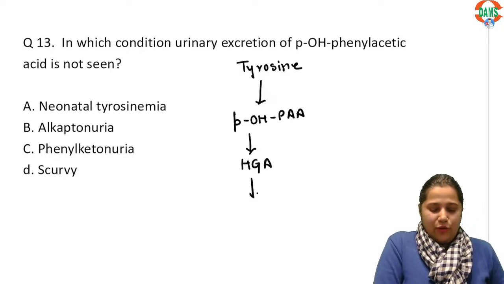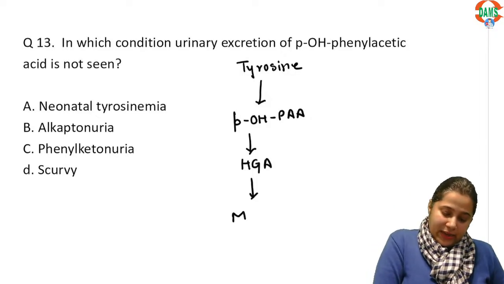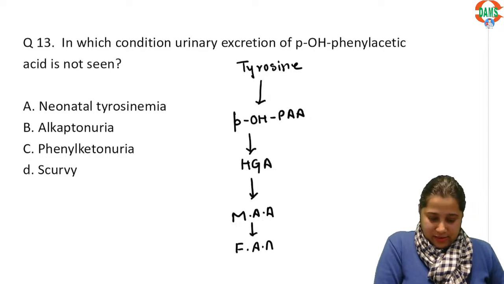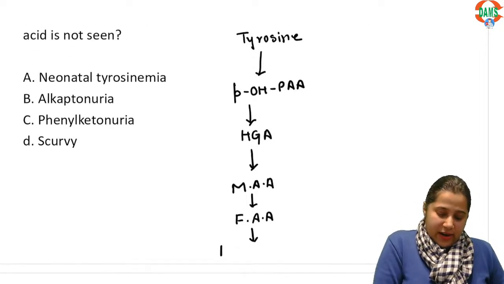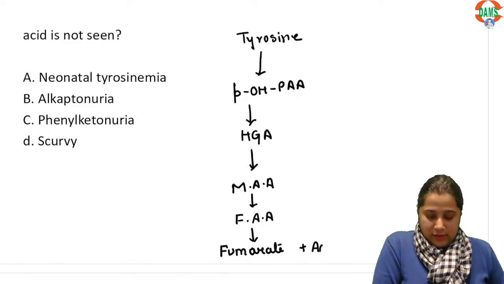This is very famous, you all know it. In the next step, we will form maleylacetoacetate, which is converted to fumarylacetoacetate, and in the end you will get fumarate and acetoacetate.